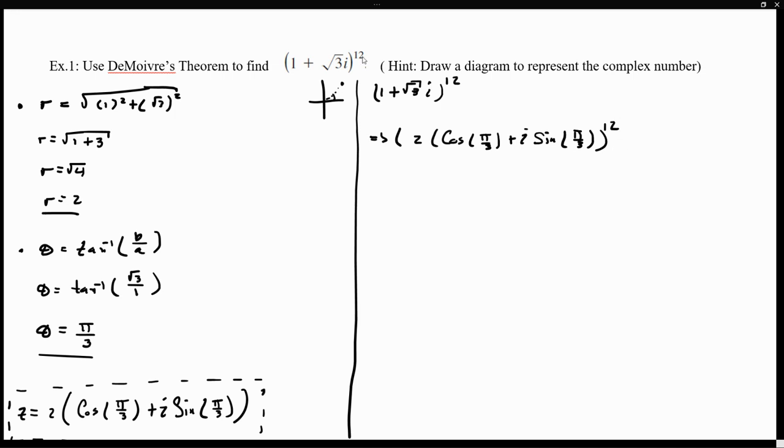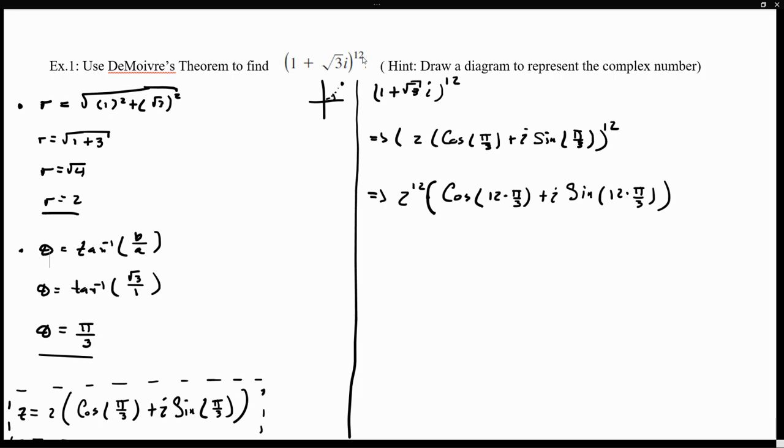And DeMoivre's theorem says that if you have any complex number raised to some exponent, this is equivalent to 2 to the 12 times cosine of 12 times pi over 3 plus i sine of 12 times pi over 3.